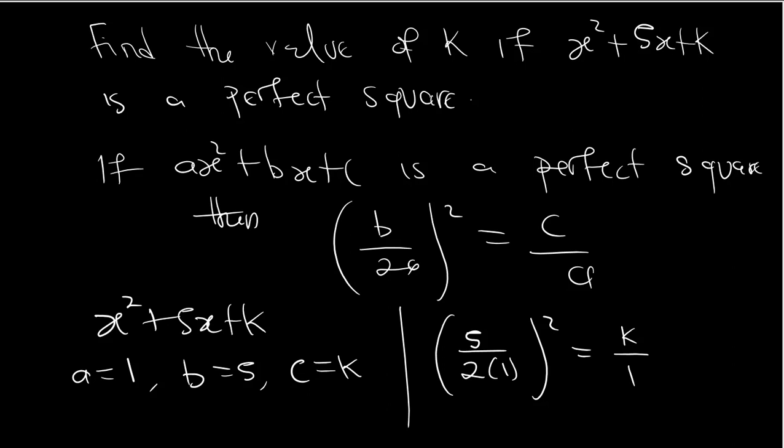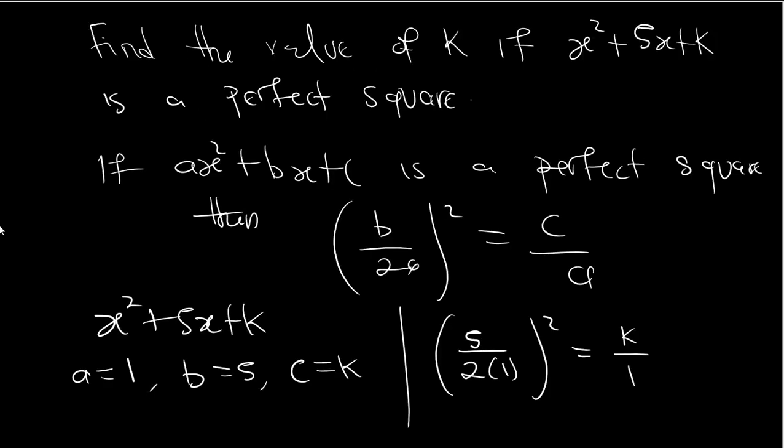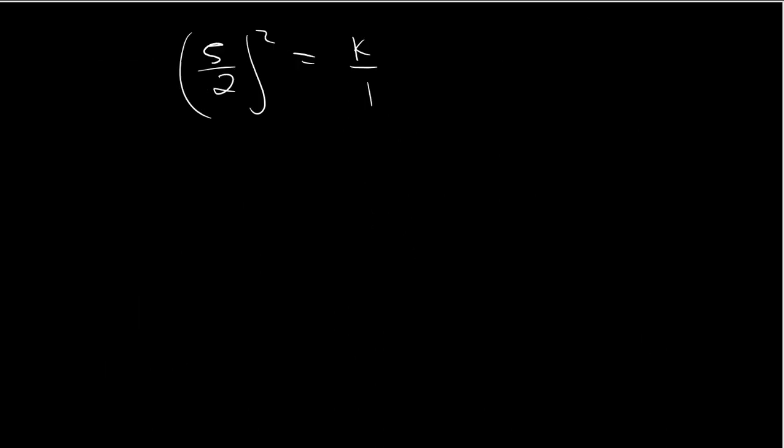We are going to have (5 over 2) squared, and this is equal to k over 1. All right. So that is going to give us 25 over 4, and that will be equal to k over 1. If you want to find a value for k, then let's do cross multiplication.